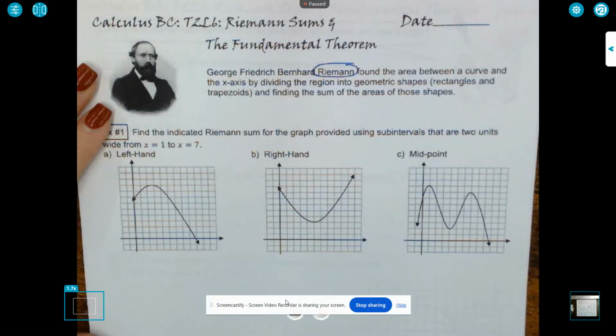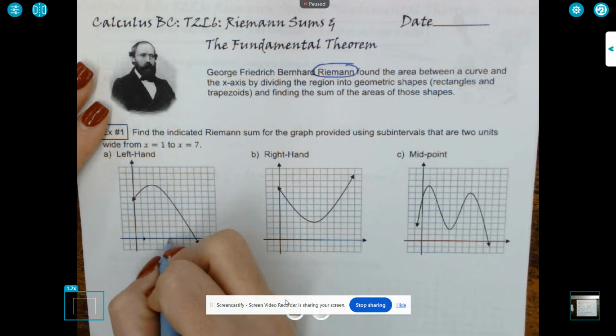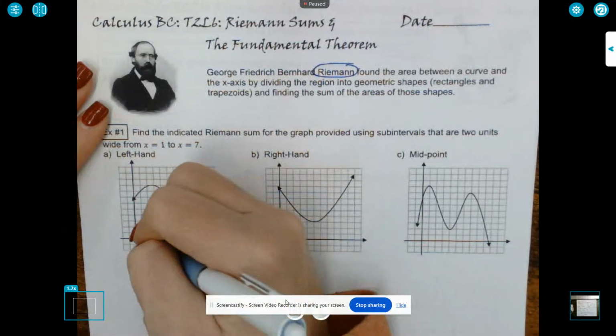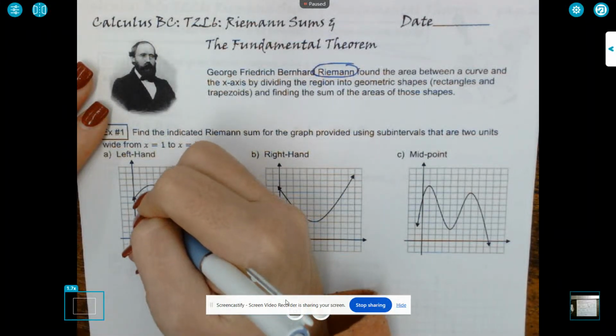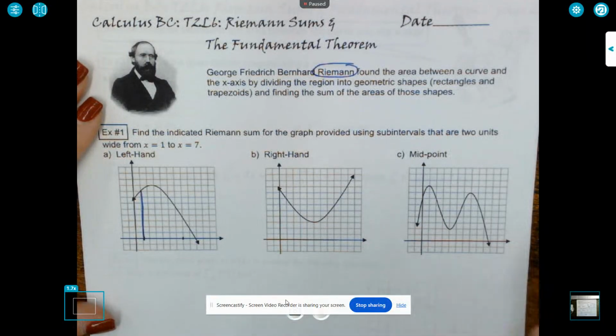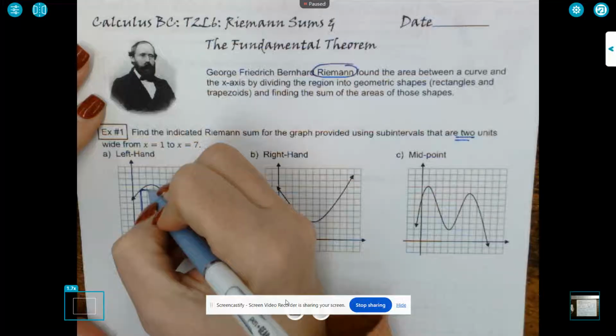We're only going from 1 to 7 here. So that is from here to here. I want the left side to be on the graph, and the subintervals are 2 units wide. So I'm going to go over 2 units from there.